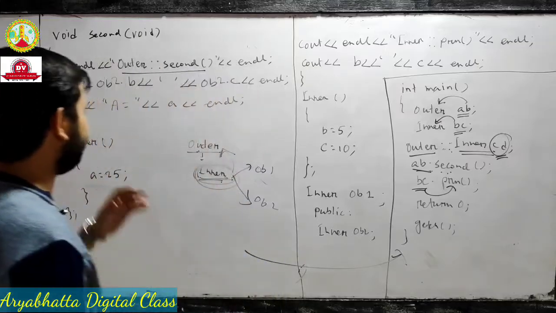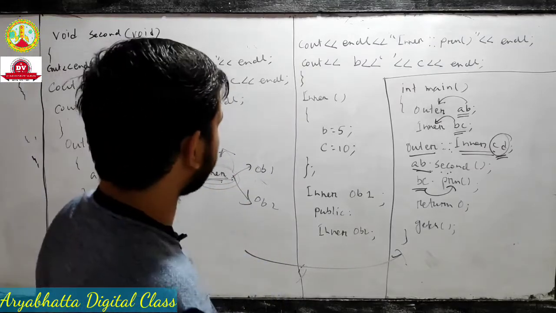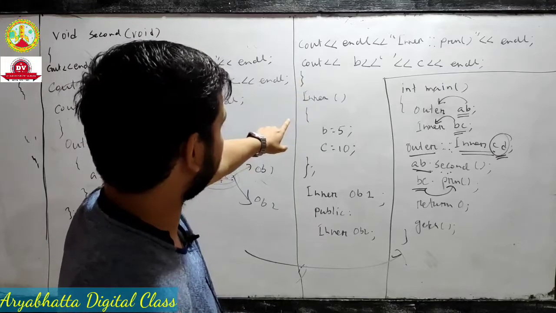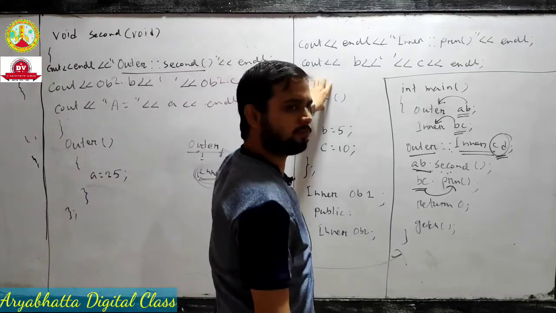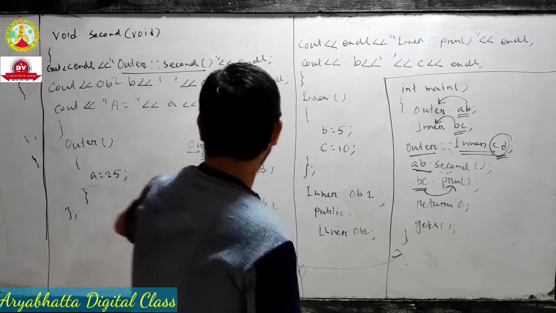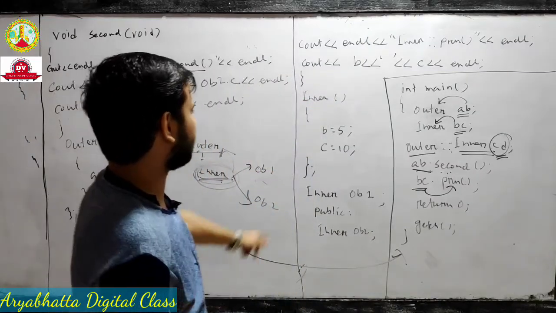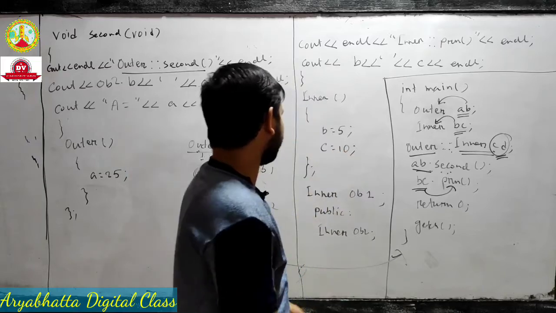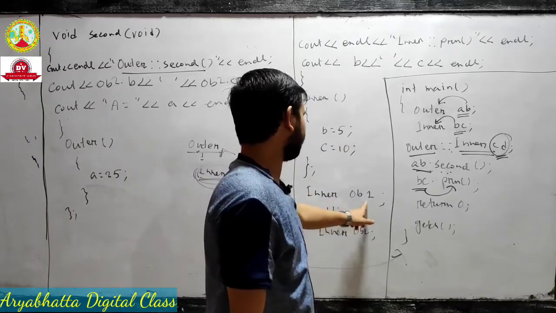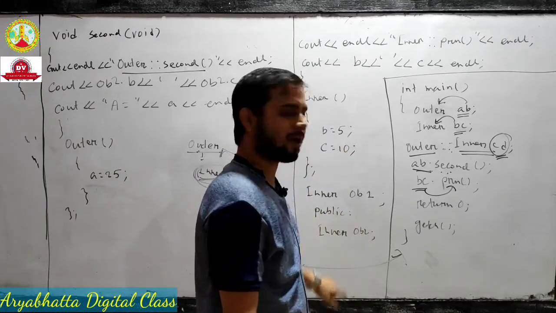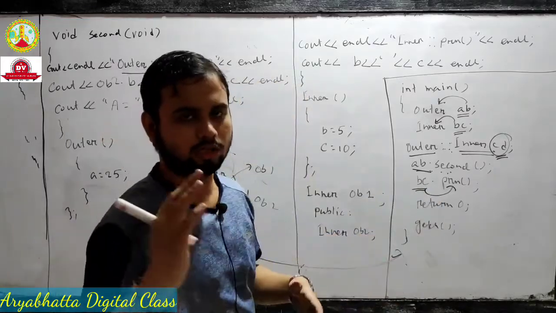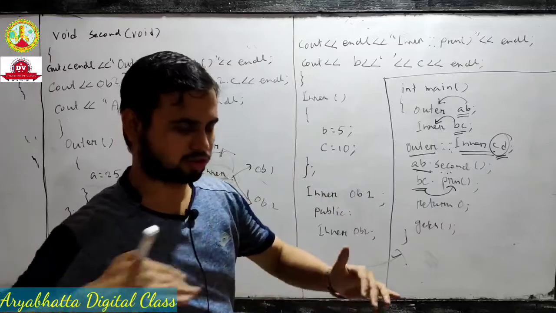You just see serially: the inner class function, we take the member function with the name of the class, inner and outer. This member function has two variable parameter arguments, 5 and 10, and this inner has two objects, object 1 and object 2, and both are under the public access specifier, meaning you can access them outside of the class. I already told you public means you can access from outside the class.